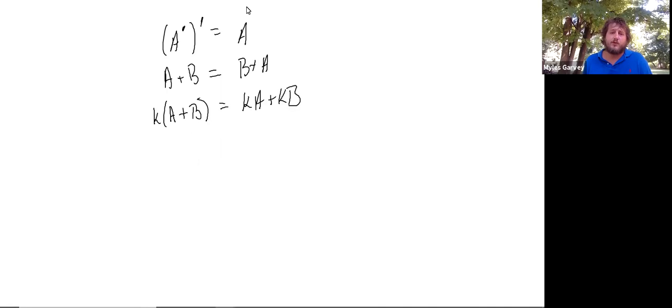We also have an associative property for multiplication, which is A times B times C. That's the same as taking the matrices, first multiplying the matrices B times C and then by A. Okay, that holds true. The same is true of addition, by the way.